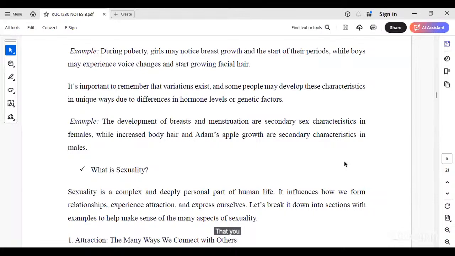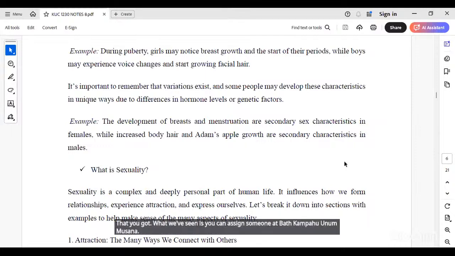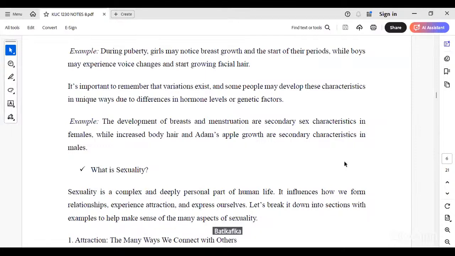What we've seen is you can assign someone at birth as a girl, but when the time comes for what they call puberty in Kiswahili, you will see that she might not develop those secondary characteristics that are associated with a mature lady.